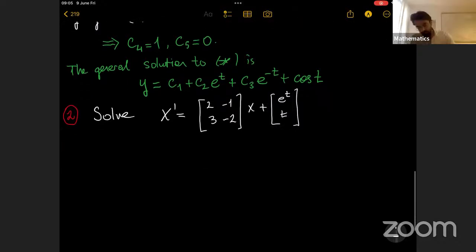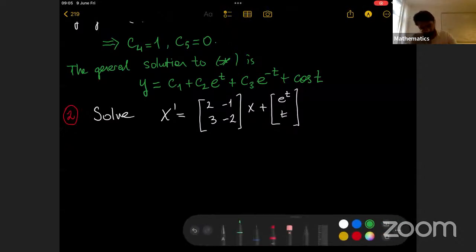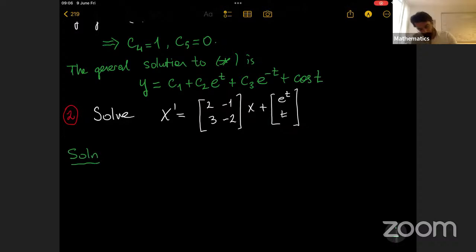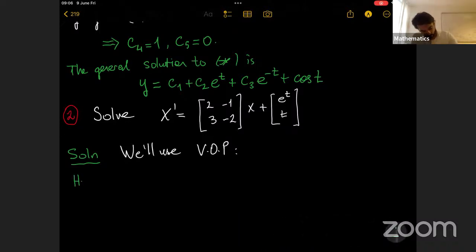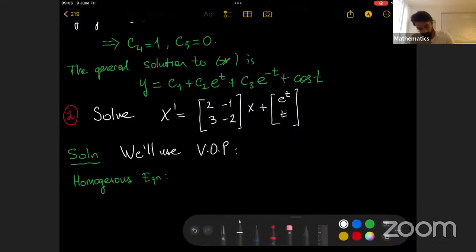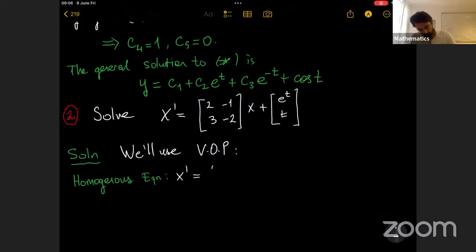And using the fundamental matrix and the non-homogeneous part, we apply the variation of parameters method to get the solution of the non-homogeneous equation. So let's start with the homogeneous part, which is basically x prime is equal to the matrix 2, minus 1, 3, minus 2, times x, okay?